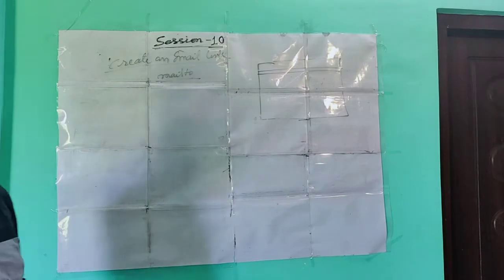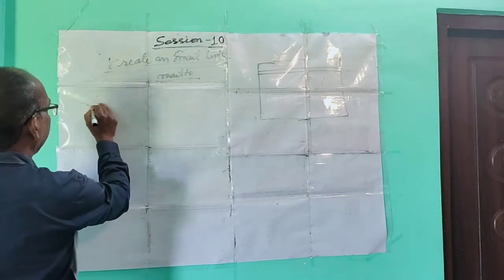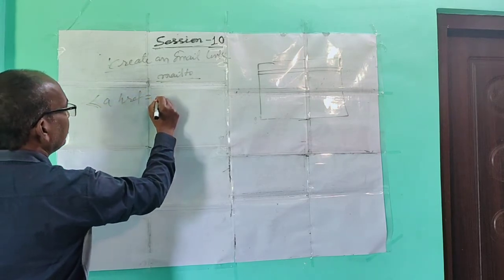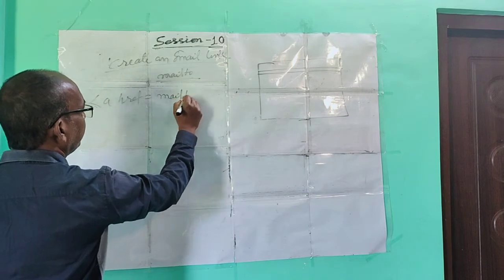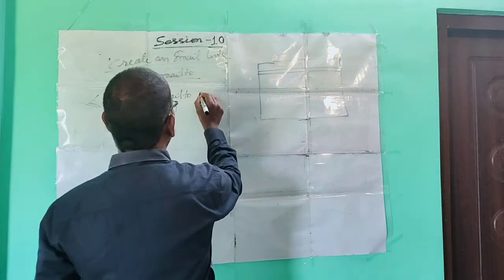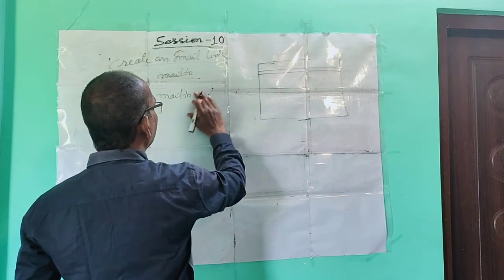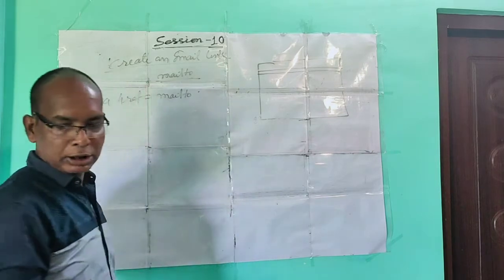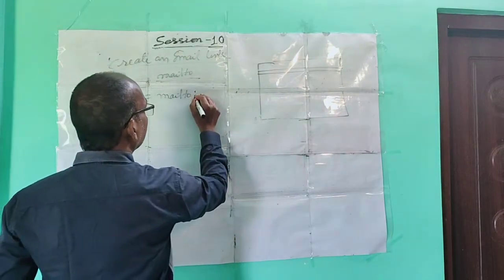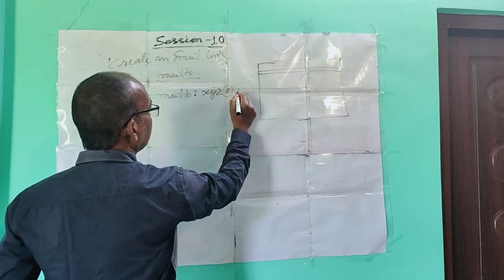Mailto. So suppose you write a text, href equals mailto, at the rate of username, xyz at gmail.com.